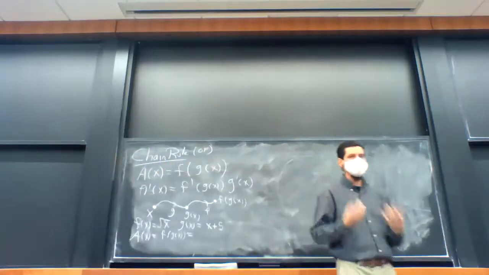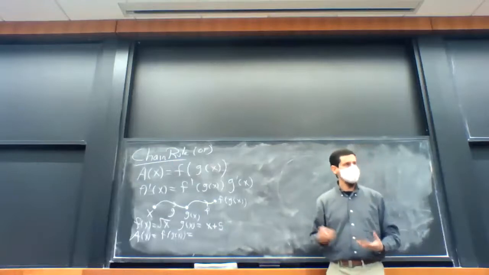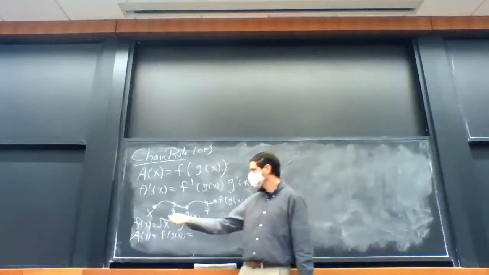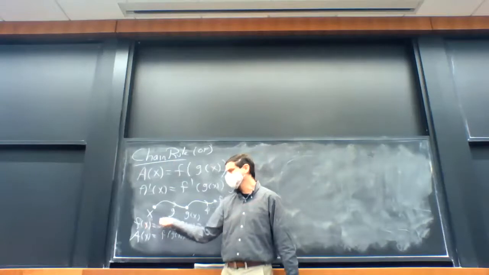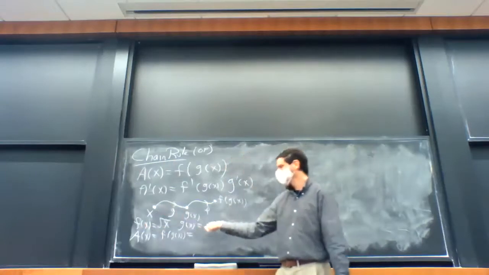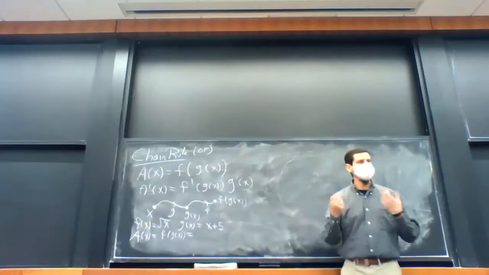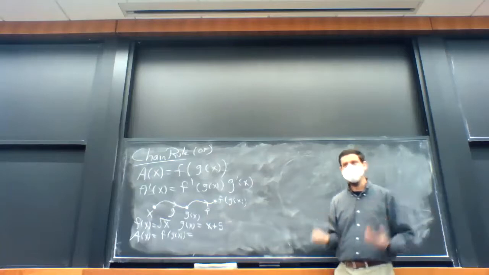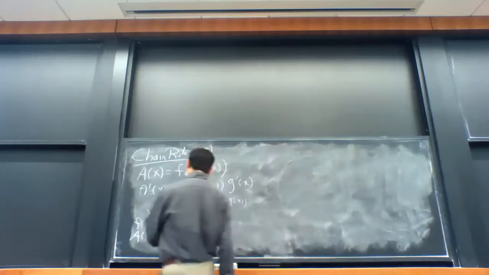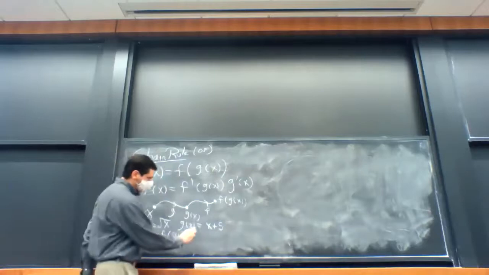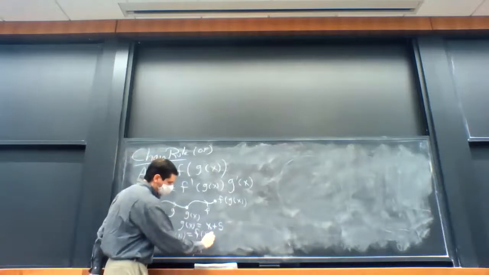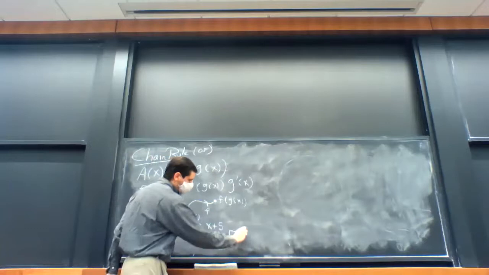It doesn't matter what letter I use when I define. I'm just giving you a rule. Some people might say maybe f of y equals square root of y, just use a different letter from what they're using for g, but it's okay. We can use anything we want. So one thing is to say, well, g of x is x plus 5. This is just f of x plus 5. So it's just the square root of x plus 5.